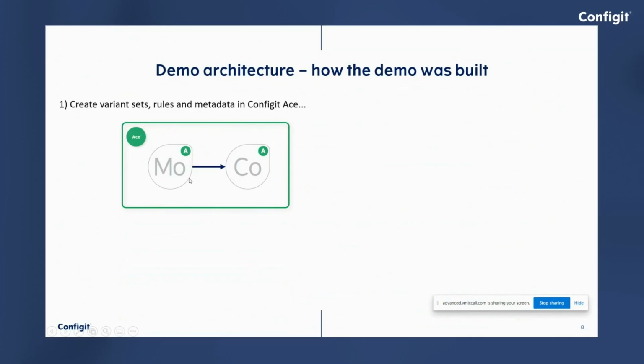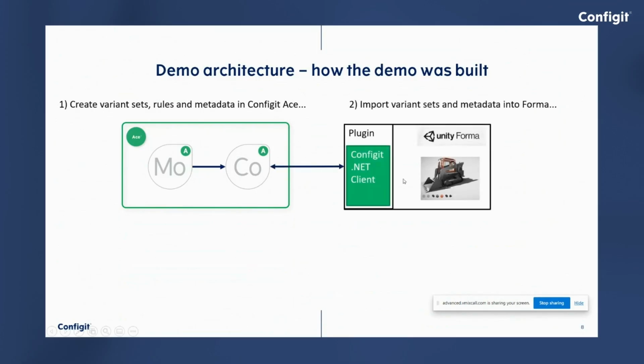You create all those in Configit Ace. Then Unity has an authoring environment called Unity Forma. The integration done for this demo is set up this way: after you have created the model in Configit Ace, you go into Unity Forma and import out of the Configit API all these variables and metadata into Unity Forma.